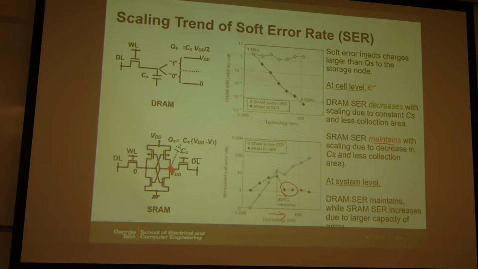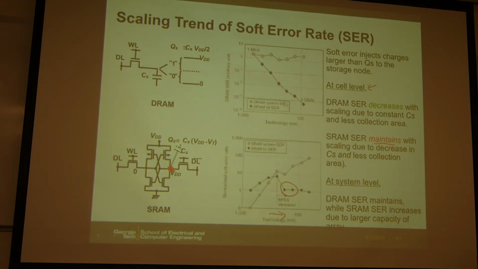If the ion strikes, let's say, the insulator or other metal, then it will not cause a problem. So this PN junction area also shrinks when you scale. So both the critical charge and the PN junction area scale. So at the cell level, the SRAM's soft error rate almost maintains as you scale.